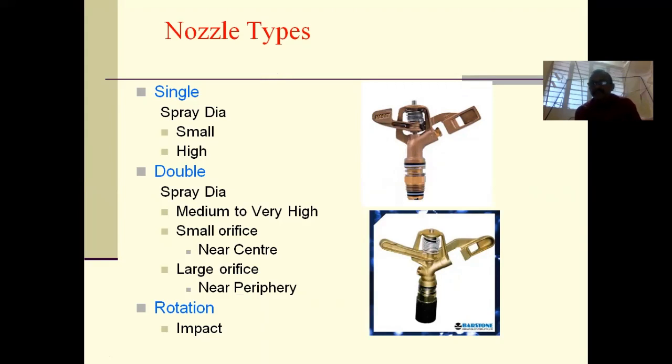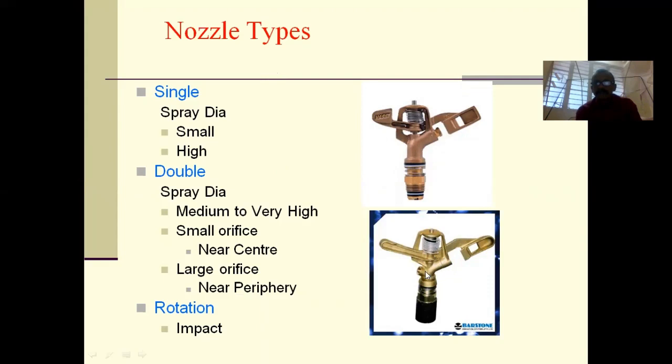So by this way, the sprinkler operates continuously and it keeps rotating. This kind of single nozzle sprinklers are used for smaller diameters as well as for very high or high diameter of throws.